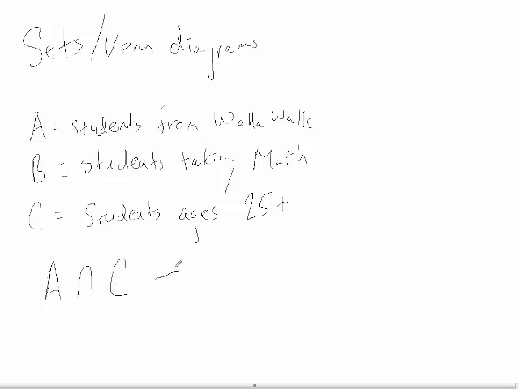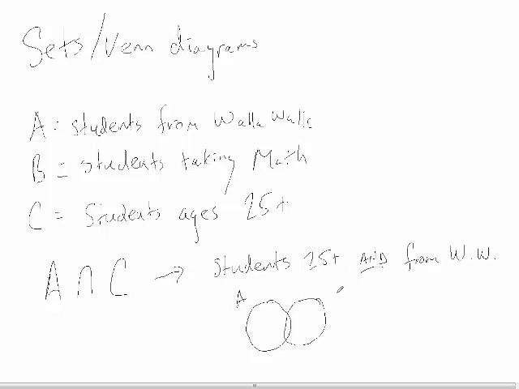And in words, that would be students 25 years or older, and they're from Walla Walla. Okay? That's in words. In a diagram, I might say, okay, here's A, here's C. This space in here is A intersection C.